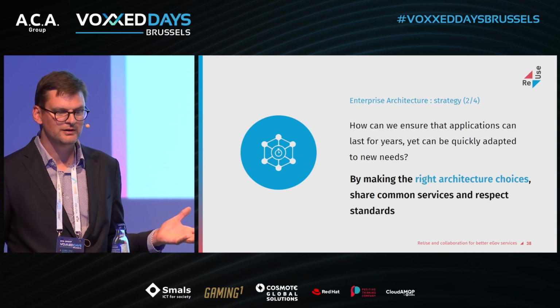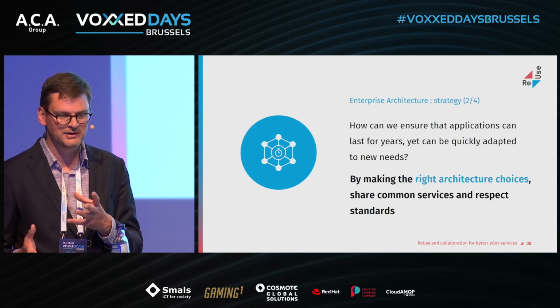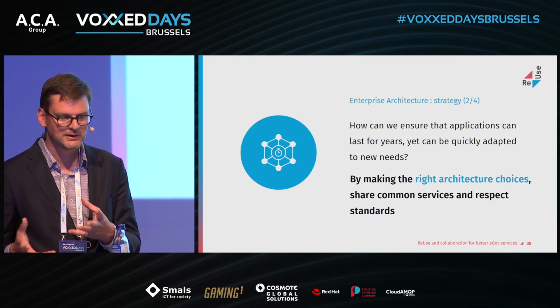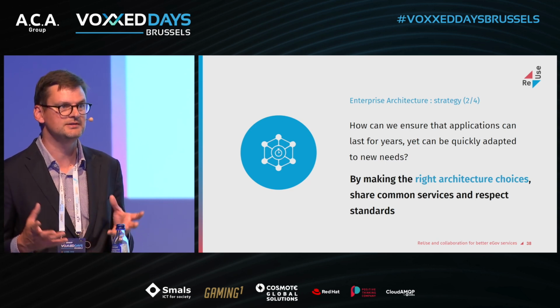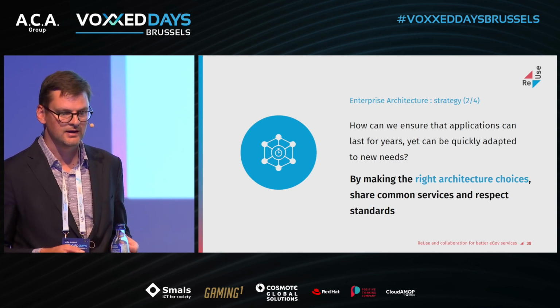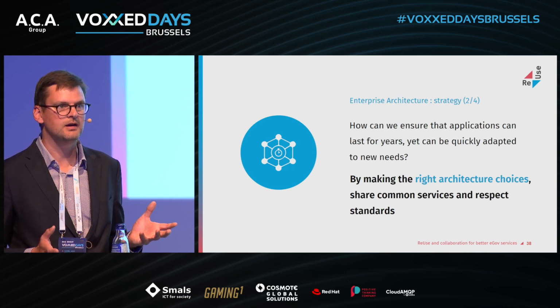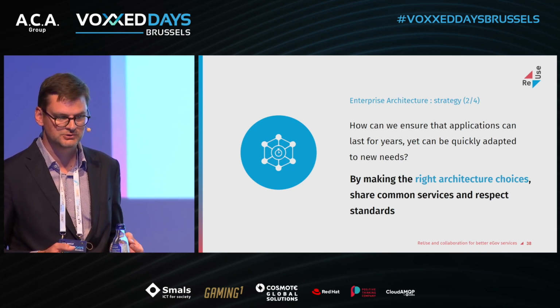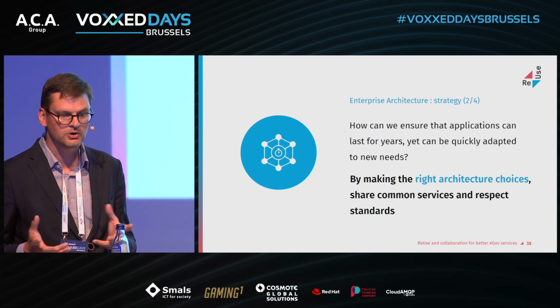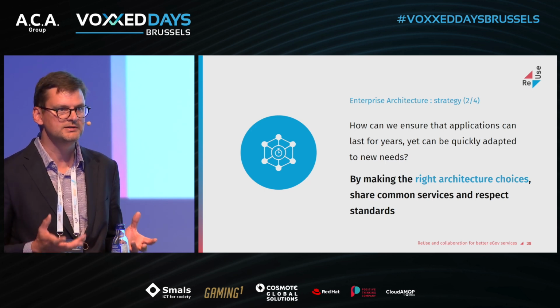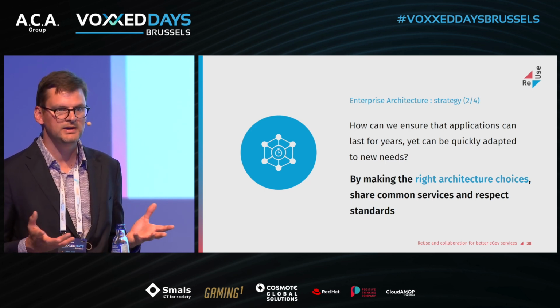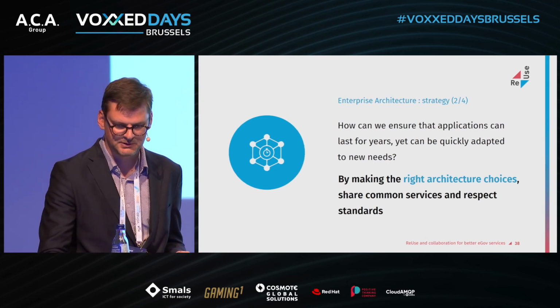Applications should last for years, but should also be able to be quickly adapted to new needs. So that's a flexibility aspect. When we make the right architecture choices and we share common services, then we think with these building blocks we can create this adaptability.